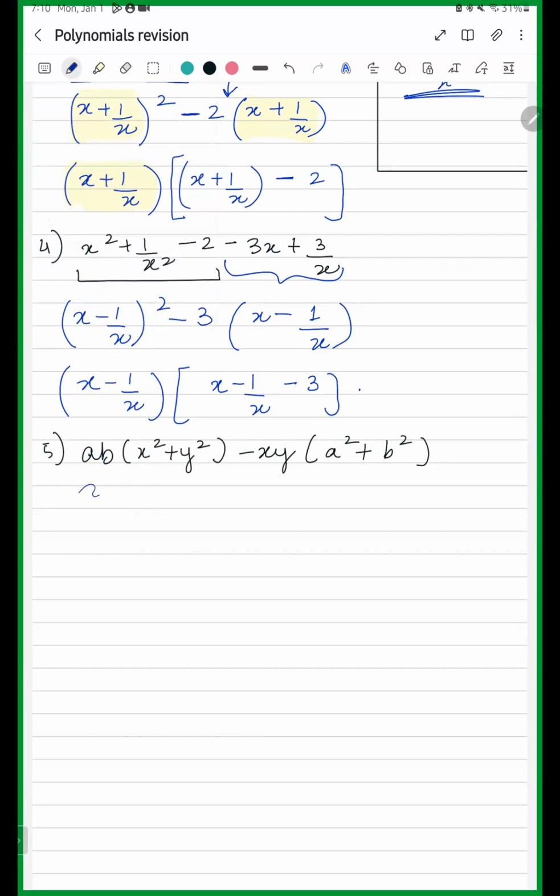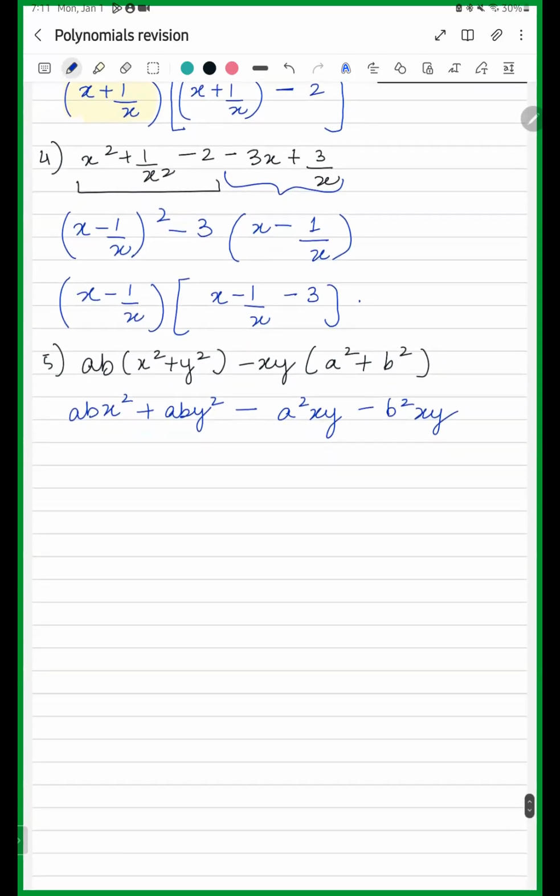Here, let's open the bracket first. ABX square plus ABY square minus A square XY, minus B square XY. Okay.